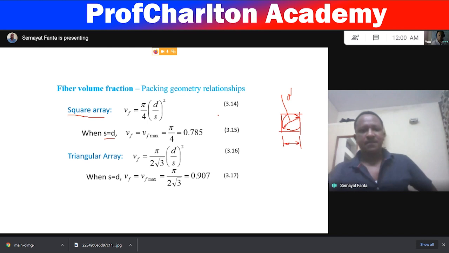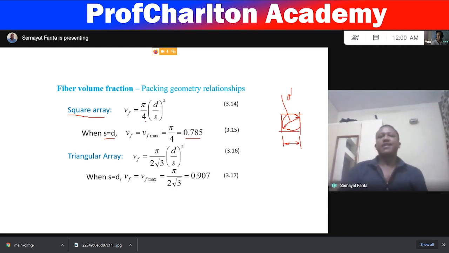Anyways, so if S is equal to D, the volume fraction of this type of array is 0.785.